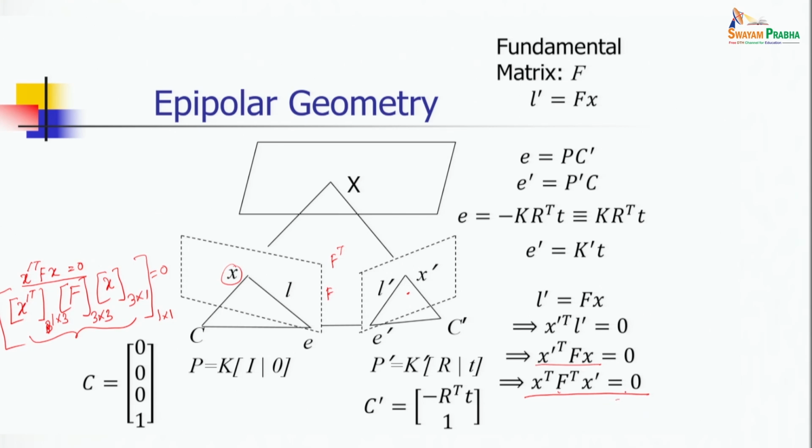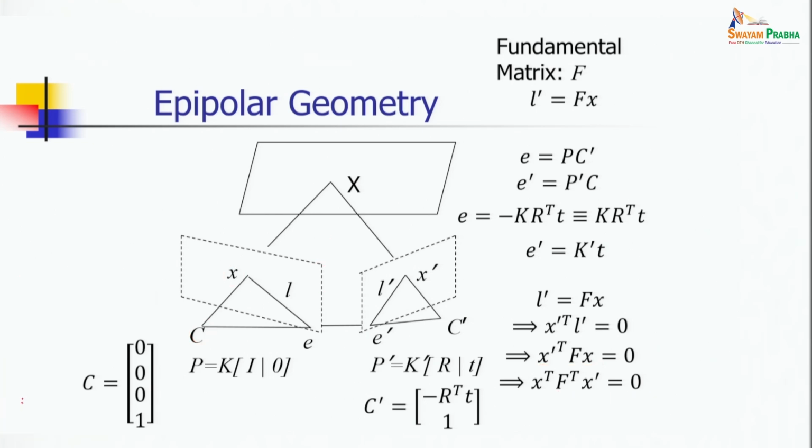These two equations are equivalent, they will give you the same equation, but the point is that with reference to this camera, F is the fundamental matrix of the stereo geometry, and with reference to the other camera, the fundamental matrix would be F transpose. That you should also note. As I mentioned, there is no bias in this case, and you have similar properties for both the cameras.